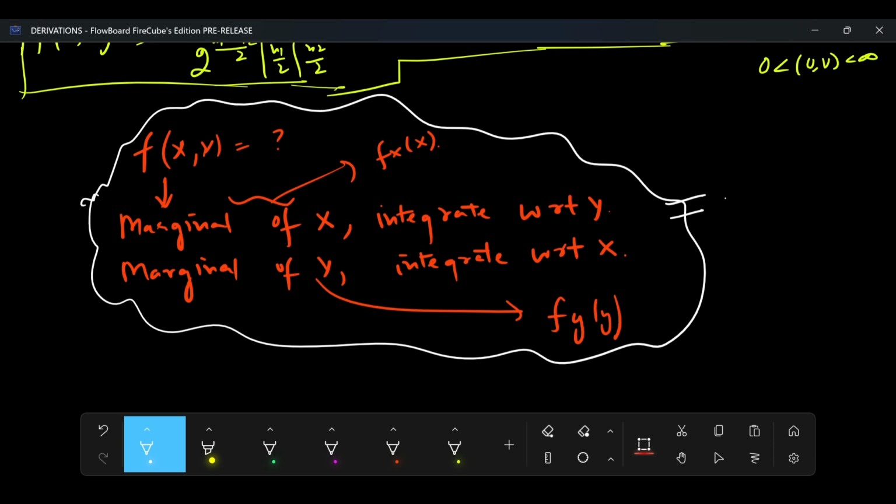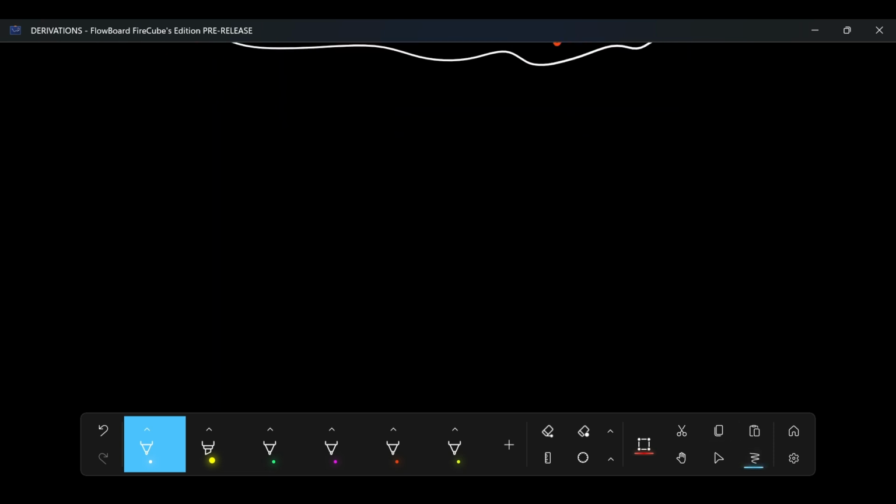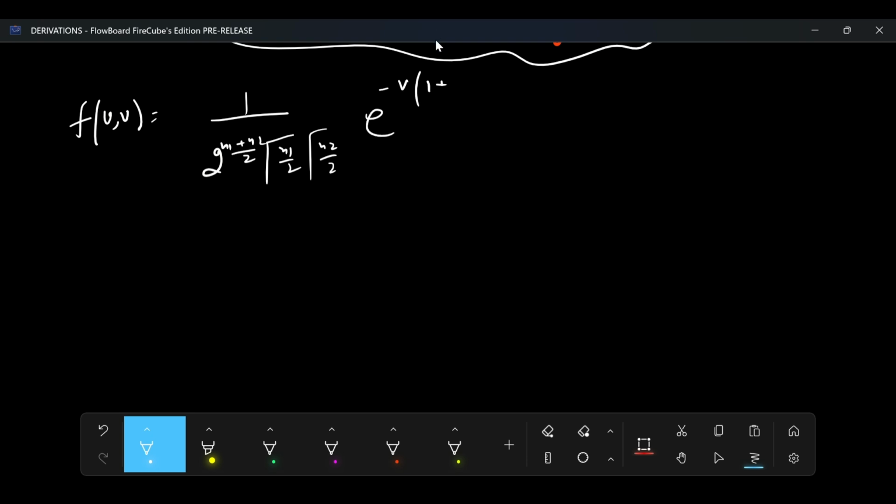Now say we have the joint distribution function, that's f of u comma v is equal to 1 upon 2^((n1+n2)/2) Γ(n1/2) Γ(n2/2) e raised power minus v(1+u)/2, that's u^(n1/2 - 1) v^((n1+n2)/2 - 1), and this is between 0 to infinity.